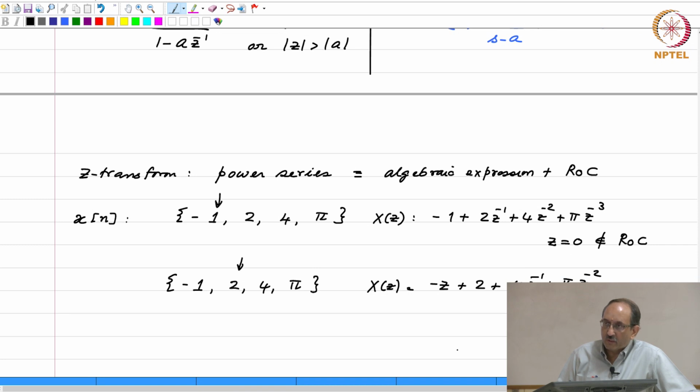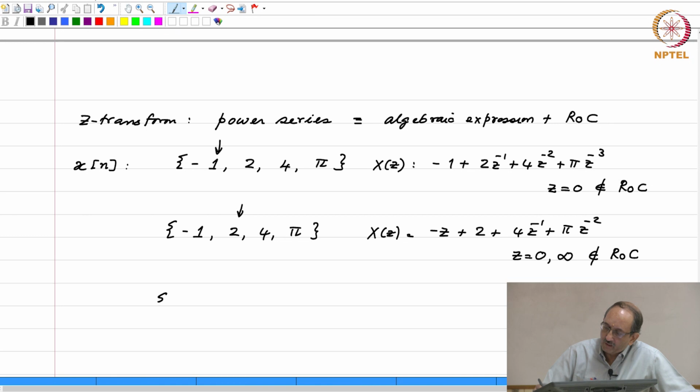And for what values of z is this valid, or what values of z is this not valid? Again z equal to 0, this will blow up, and then for which other value of z will this not be finite? So, both 0 and infinity are not part of the region of convergence. So, all other values are.